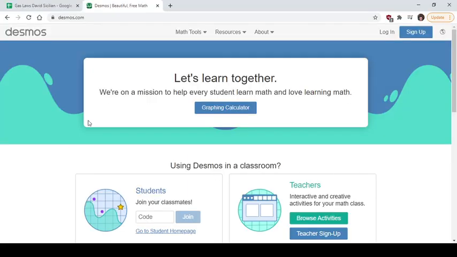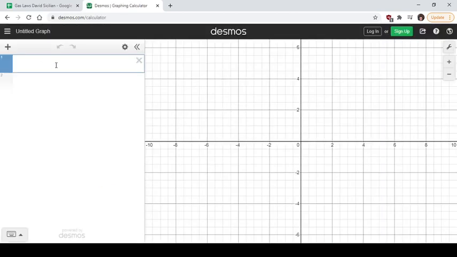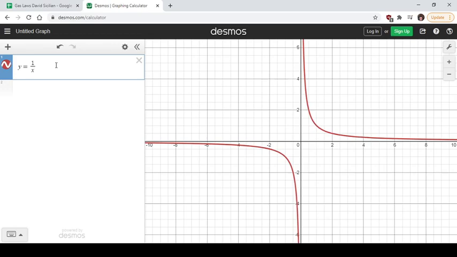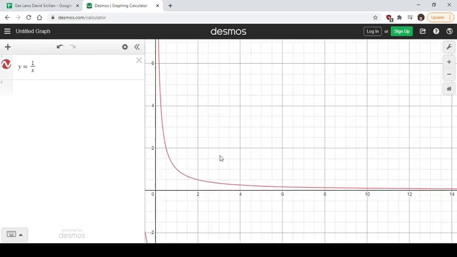If we go to desmos.com, they have a beautiful free graphing calculator. This should be what their homepage looks like. If you click on graphing calculator here, that will bring us to their graphing calculator. Now if we input y equals 1 over x, we get a relationship that looks like this.